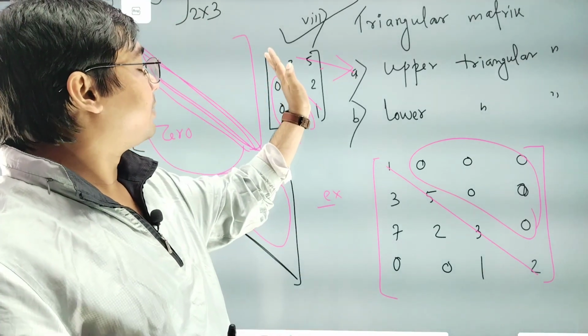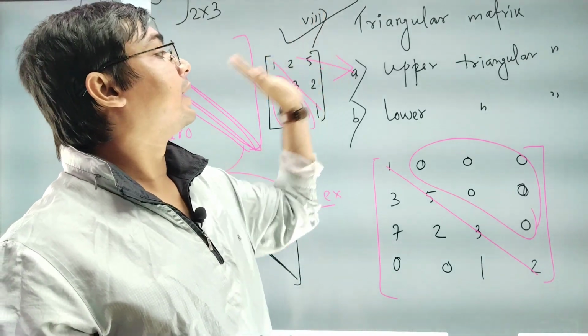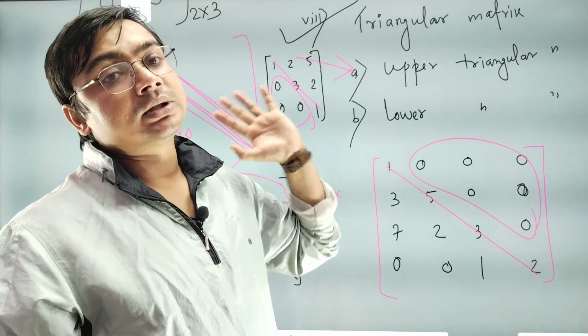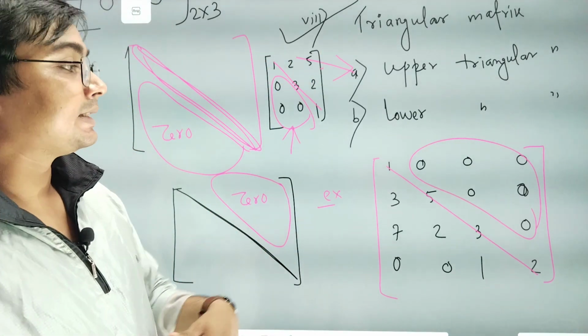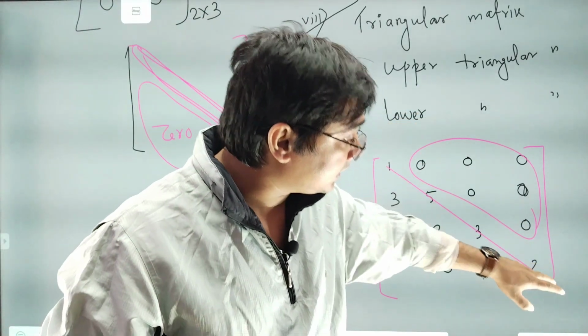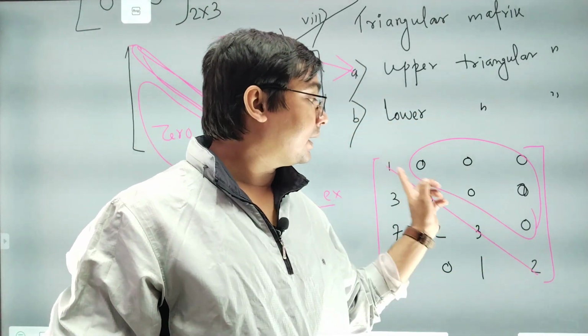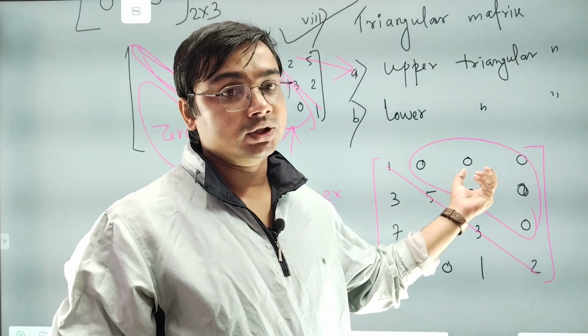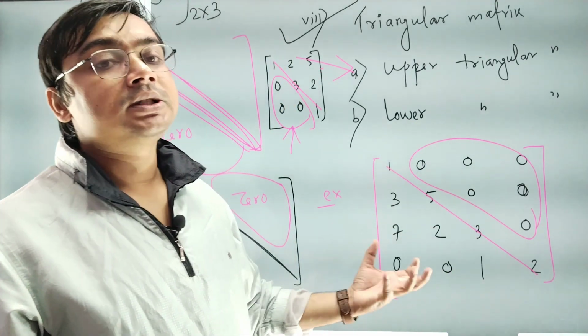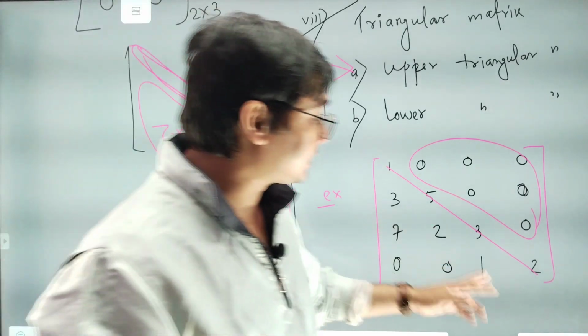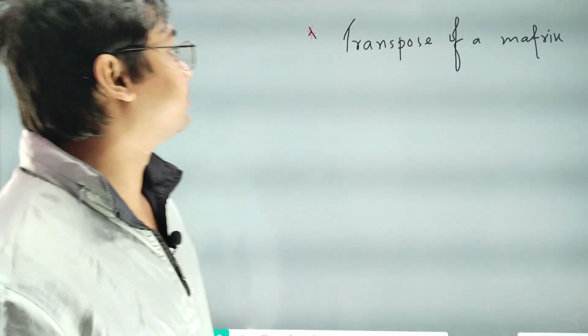That means above the principal diagonal there will be some non-zero elements. But in the case of a lower triangular matrix, above the principal diagonal all the elements are 0, and below the principal diagonal there will be some non-zero elements. So this type of matrices are most important.